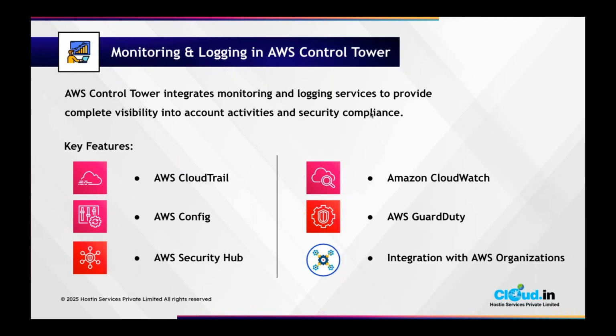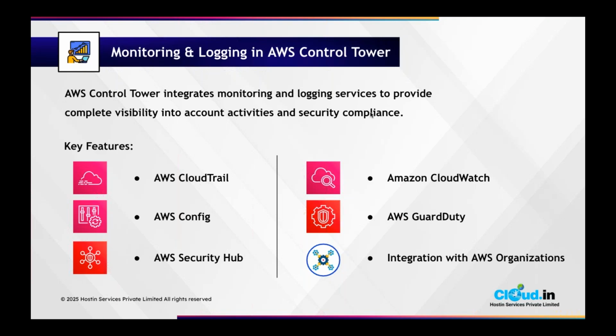One of the biggest concerns with managing multiple AWS accounts is visibility. If you can't track what's going on, security risks and compliance violations can slip through the cracks. I would like to ask a question: how many of you manage multiple AWS accounts today?